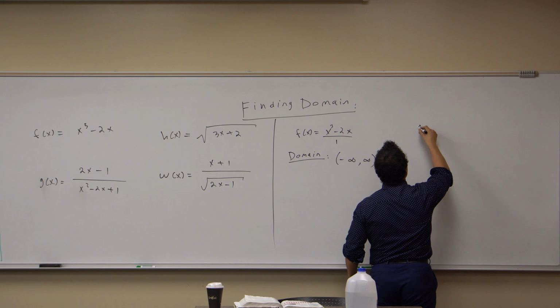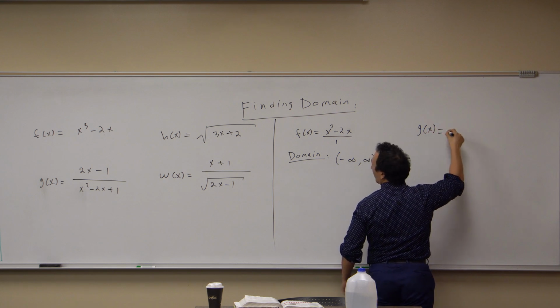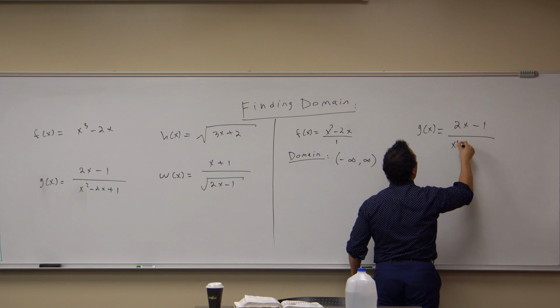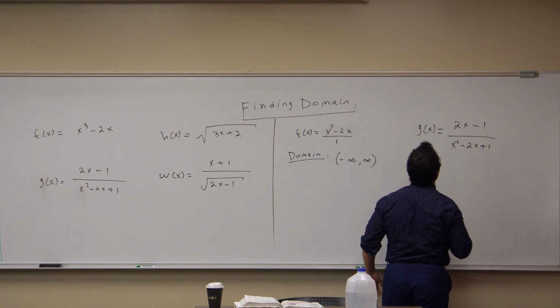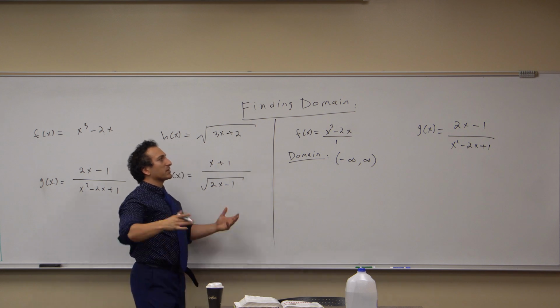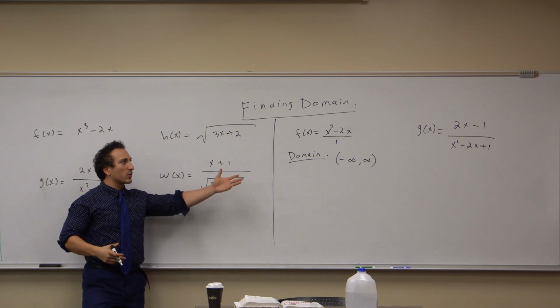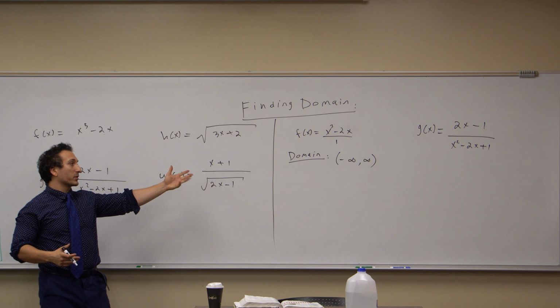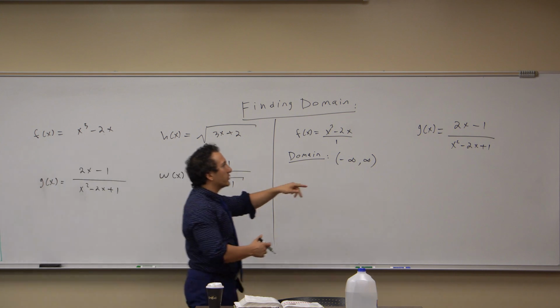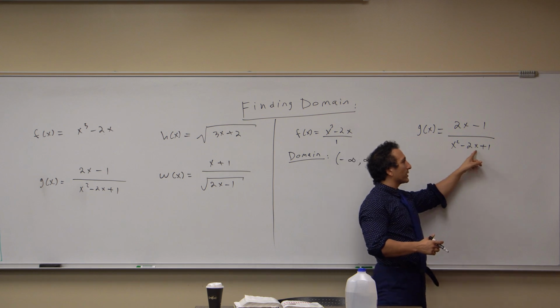Our g of x is 2x minus 1 all over x squared minus 2x plus 1. What about this guy? Can we get complex numbers? Well, no, I don't see a square root or a radical there, so I don't foresee us getting a complex number. But I do see x's in the denominator, do I not?